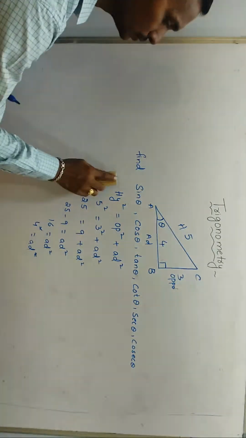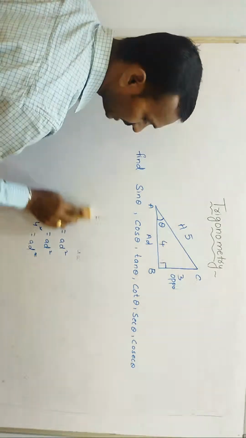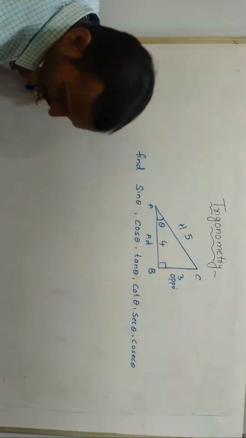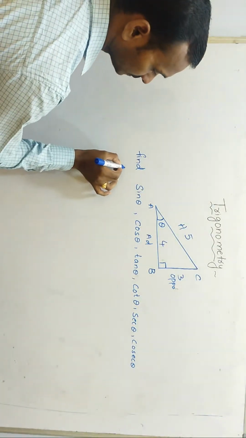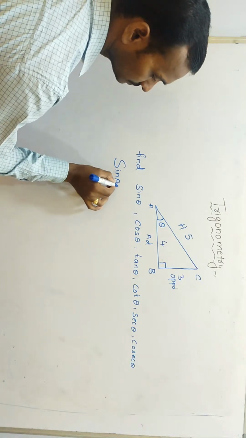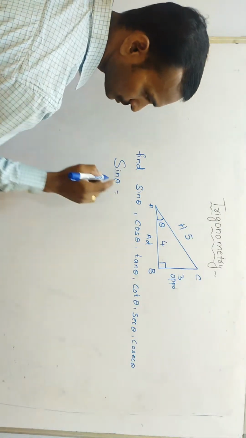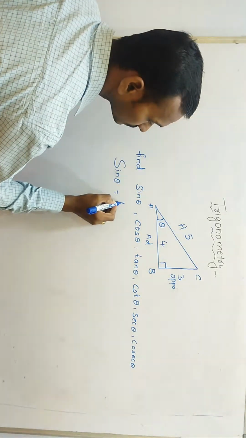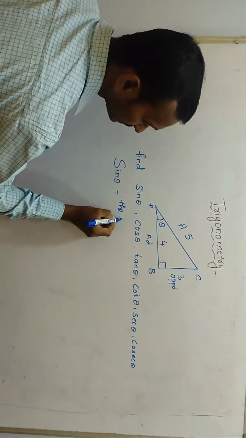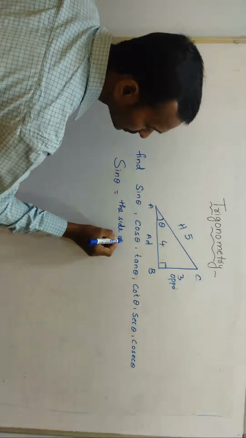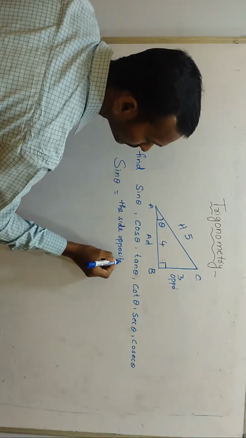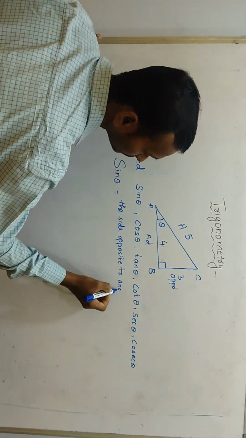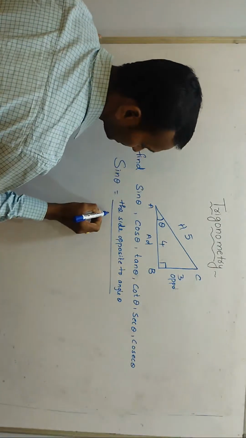After that what we have to do? We have to find the values of sine, cos, tan, cot, secant, cosecant. First, sine theta is nothing but the side opposite to angle theta by hypotenuse.